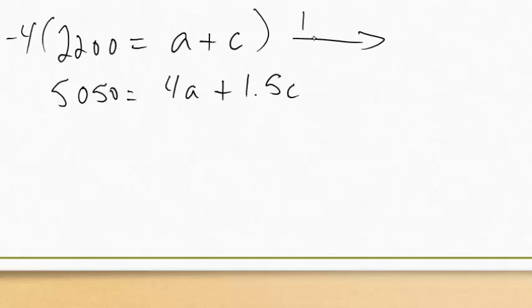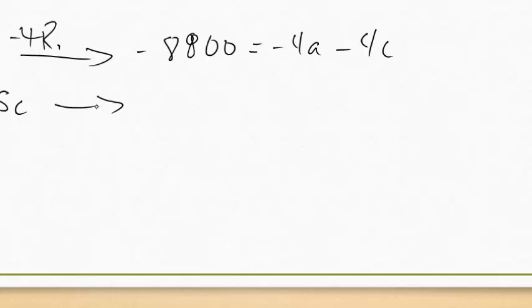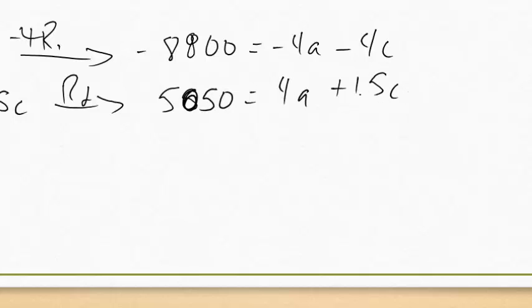We'll have -4 times row 1: -8,800 equals -4A minus 4C. Bring over row 2: 5,050 equals 4A plus 1.5C.